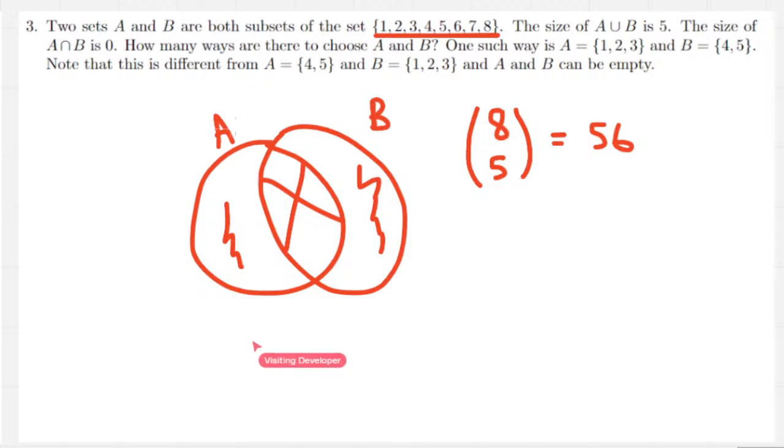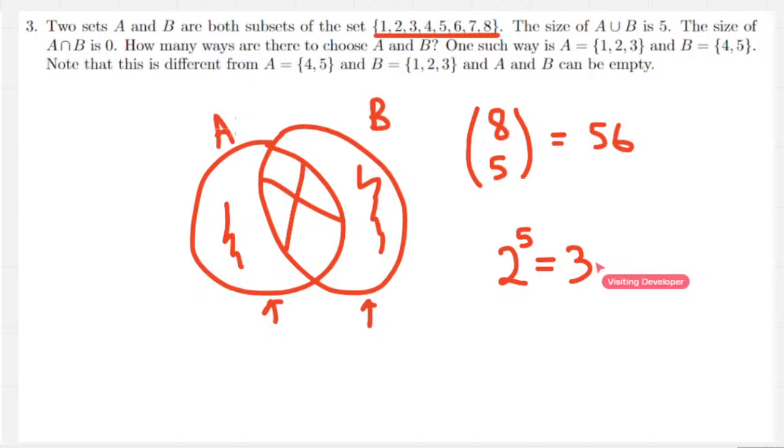And now we have 5 elements, and we want to split these 5 elements up between A and B. So for each element, it has a choice of either belonging to A or belonging to B. So that gives 2 choices, and since we have a total of 5 elements, this is a total of 2 to the 5th power, or 32 ways to split up these 5 elements.